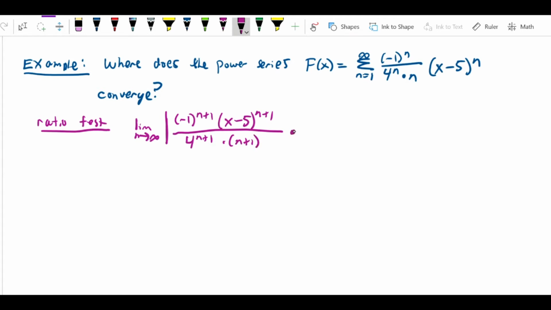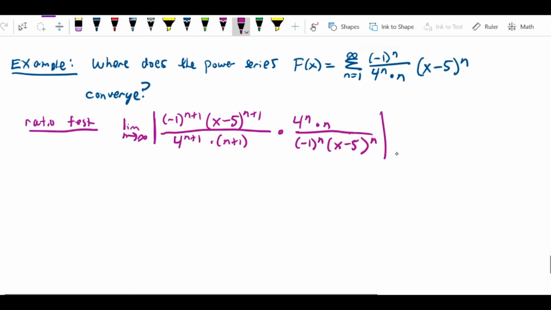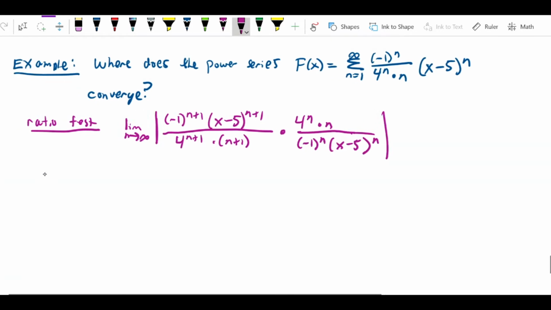And then I'm going to multiply it by the reciprocal of the n term. That's how we use the ratio test. So this is going to be 4 to the n times n over negative 1 to the n, x minus 5 to the n.